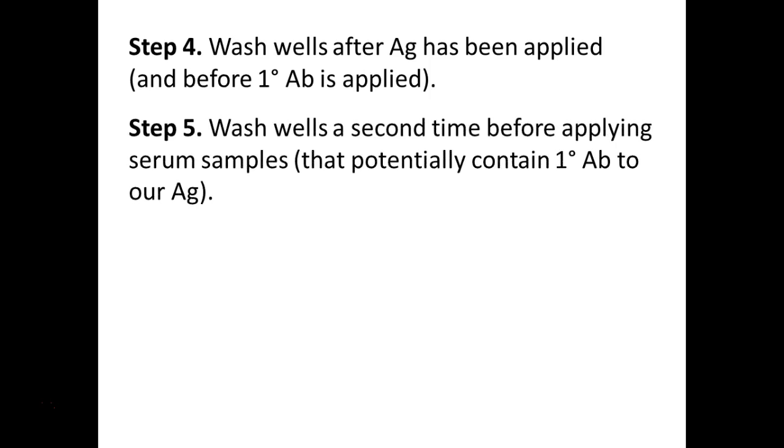Why do we want to remove stuff that isn't sticking? It doesn't interfere with our test. We don't want anything that's not binding still there. There's one step in there I haven't got to yet. We're going to wash twice for the first wash. So you're going to do it twice.